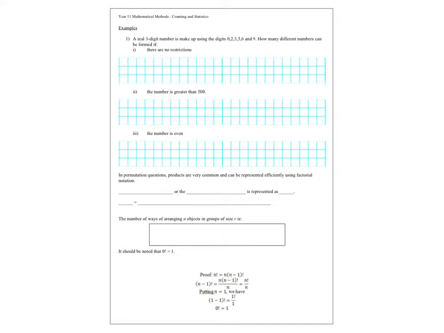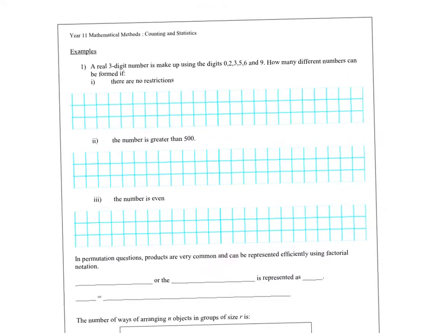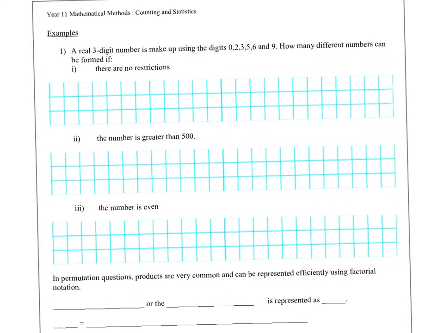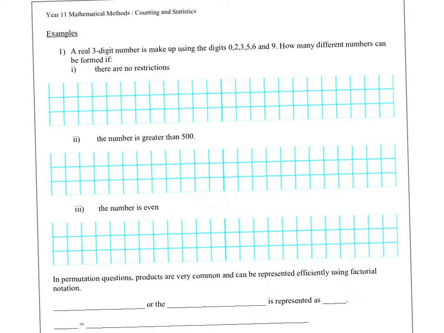A 3-digit number is made up using the digits 0, 2, 3, 5, 6, and 9. Now you can only use them at most once each. You don't have to use all of them, but you can only use them at most once each.